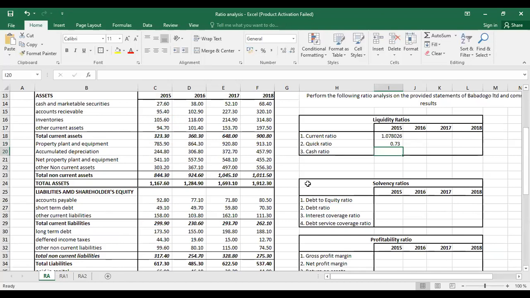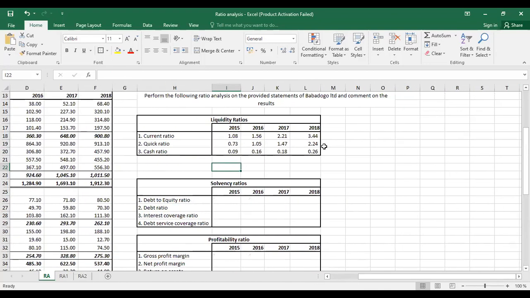Then for the cash ratio, it will be our cash and marketable securities divided by the current liabilities. Here you don't have to do the rest, you just drag and the formula will go by. As simple as that. Alt HBT to enclose them.